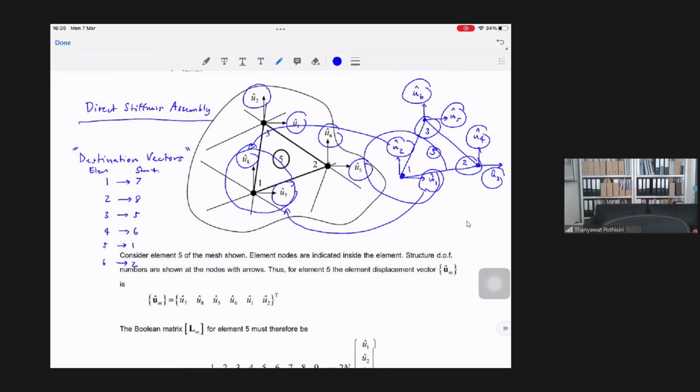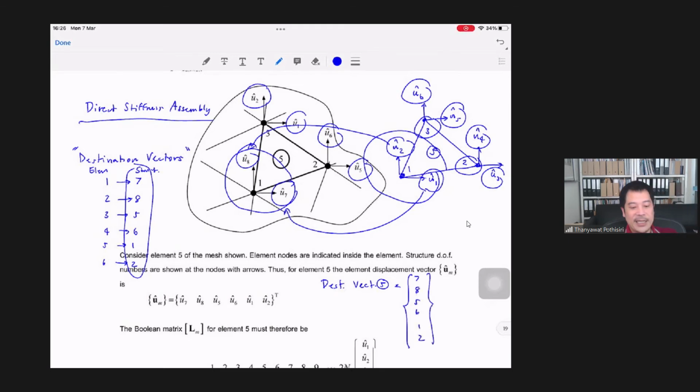So the destination vector for element 5 becomes this information right here that is stored here. So it becomes 7, 8, 5, 6, 1, 2. This is the destination vector for element 5.